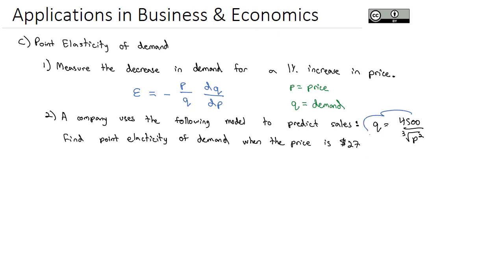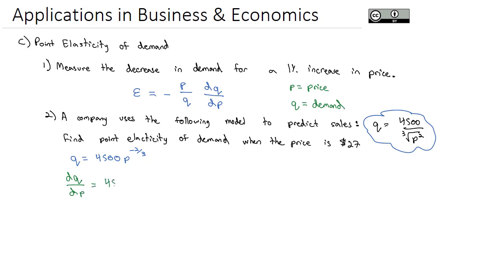First off, I'm going to take our Q function and make it into something that might be easier to take derivatives of by rewriting that function as 4,500 times P to the negative 2/3 power. The negative because it's in the bottom of a fraction, and the 2/3 because the index becomes the denominator. This is going to make it easier to find the derivative of the demand with respect to the price.